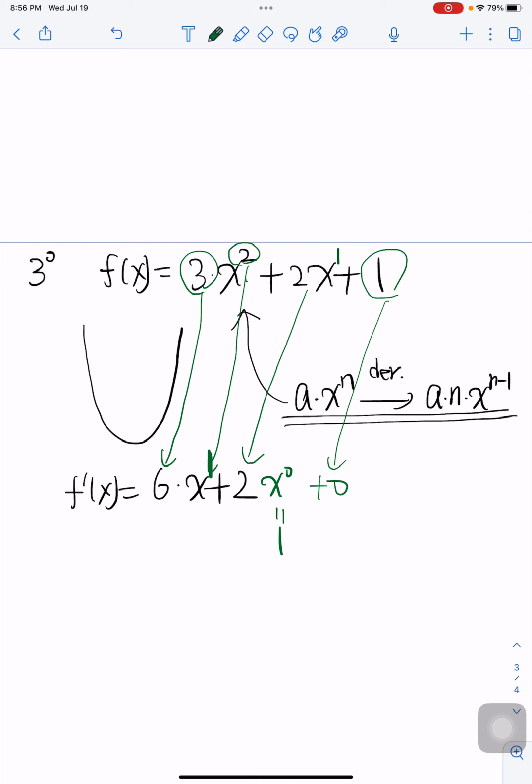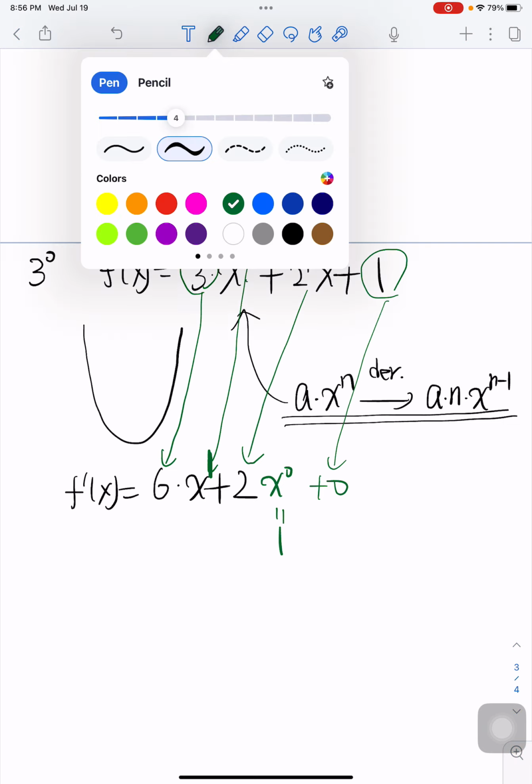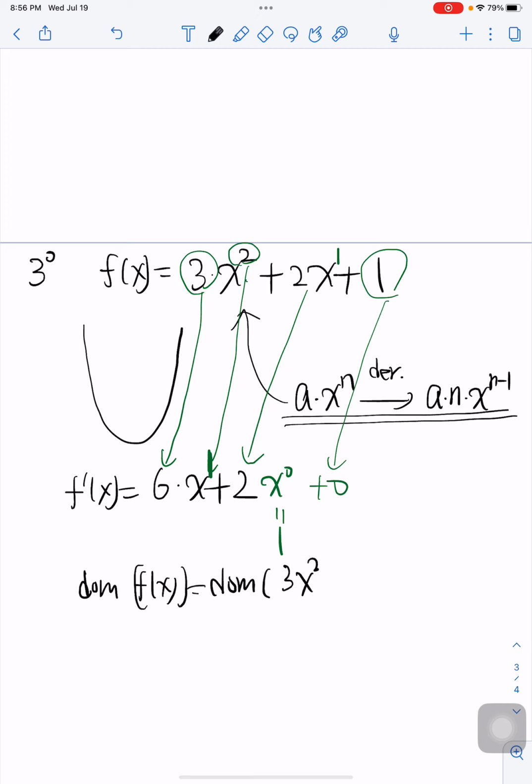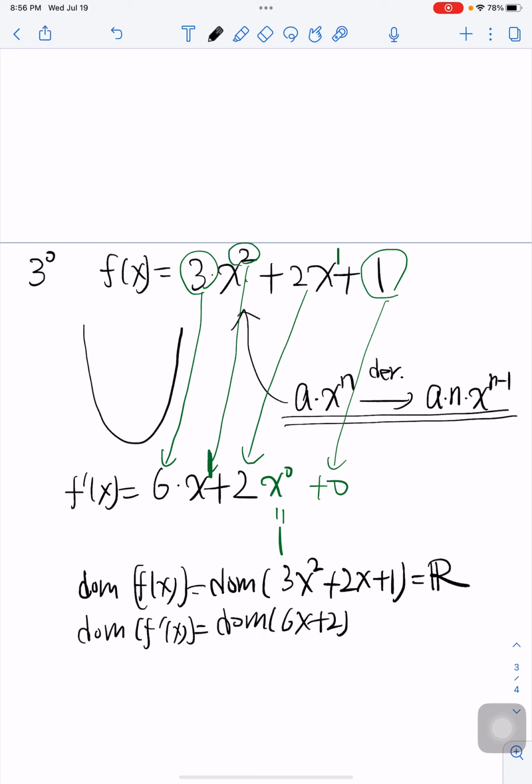Now, as you can see, the domain of your original function, 3x squared plus 2x plus 1, is the whole real set, and its derivative is also the whole real set.